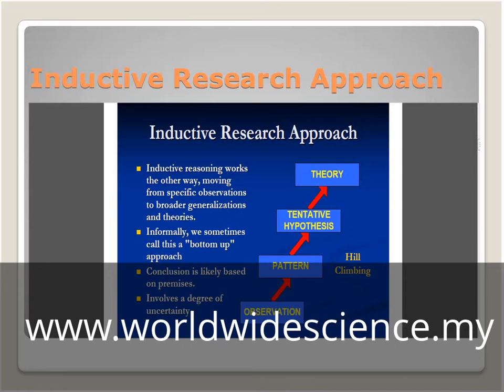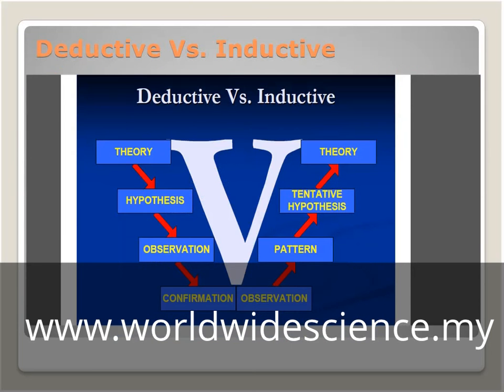You come to generate the theory. If you see this slide, you can understand the whole idea, deductive versus inductive. Deductive goes from up to down and inductive from down to up. They are two contrasts.